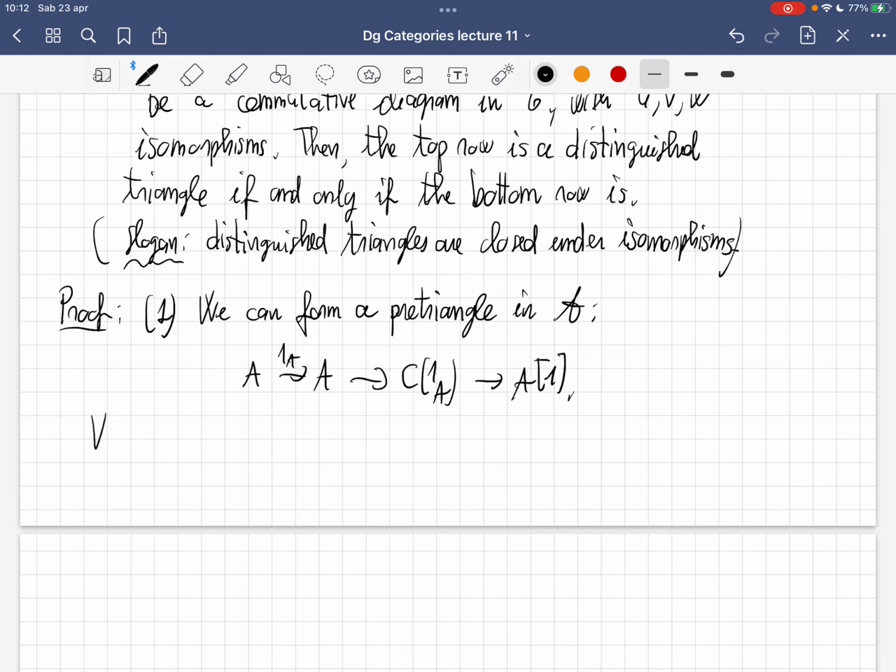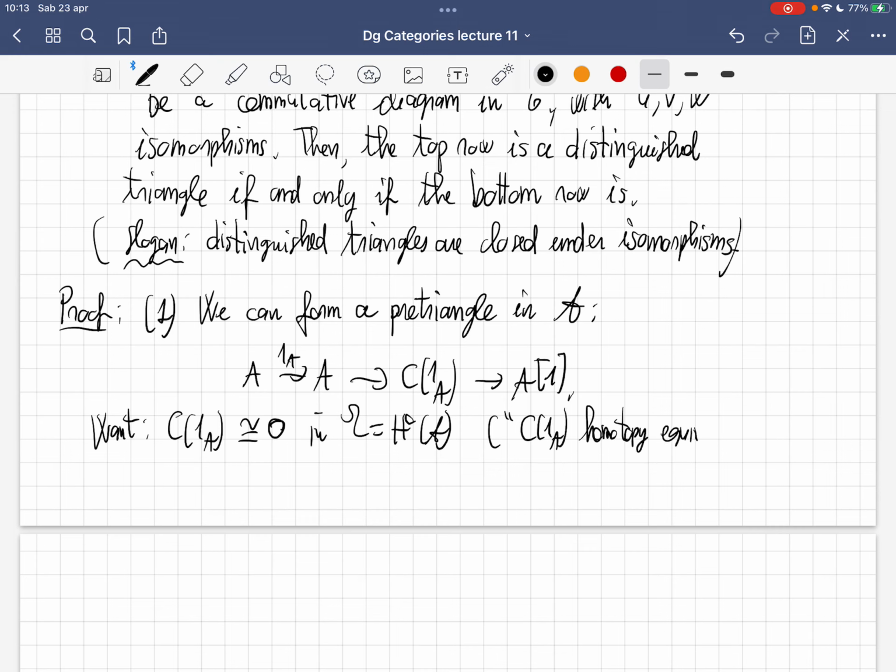Let's see what we can do with a direct proof. Essentially what we want, we can conclude if we show that this cone is isomorphic to 0 in T, so H0 of A, which means homotopy equivalent. Very good.